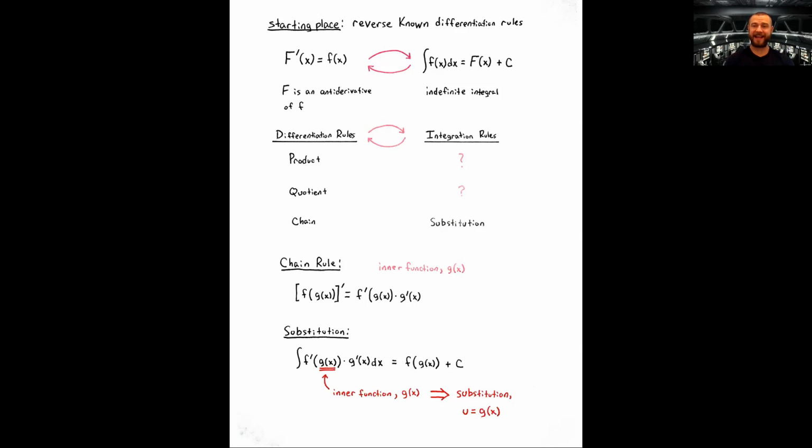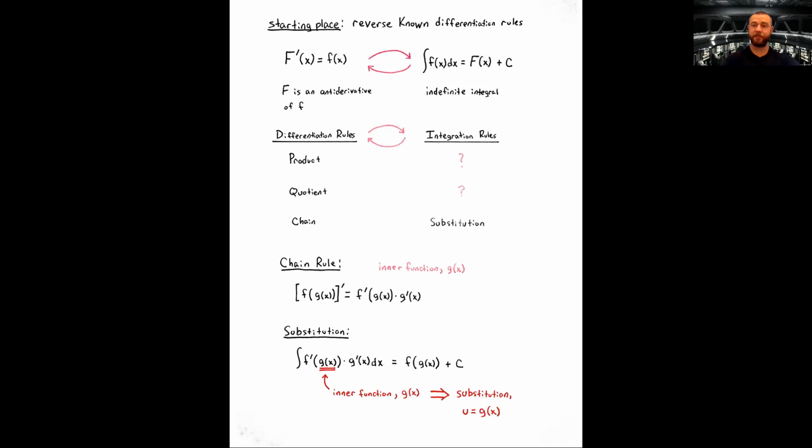All right, and we have f prime of g of x. g of x is the inner function to f prime. And for that reason, since g of x is the inner function, we're going to choose it to be our substitution. You might have heard substitution referred to as u substitution or u sub. We choose a new variable u here as the inner function g of x.